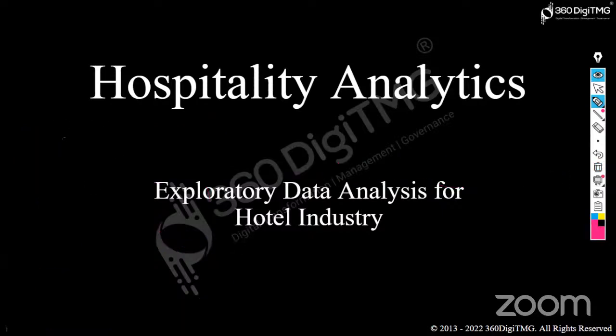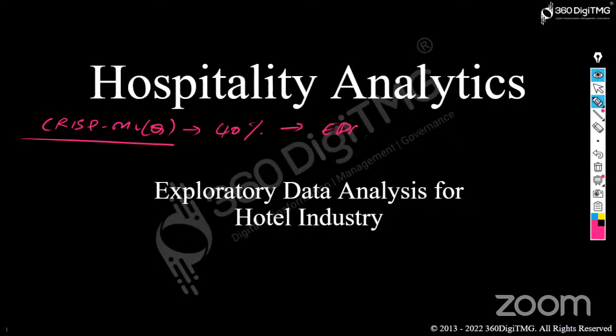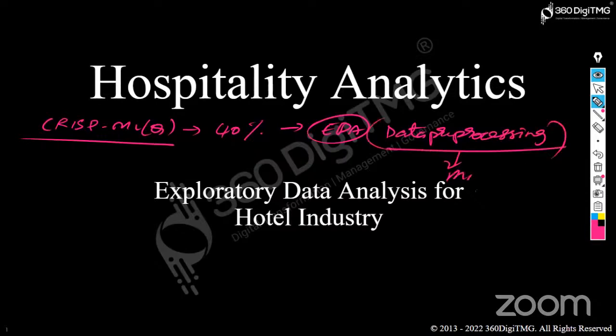Now, the portion of CRISP-ML(Q) which takes 40% of the steps is EDA, which is very important to understand, where we do data pre-processing and get the data ready to be fed into the model. So we have plenty of models like regression models, classification models, clustering models.